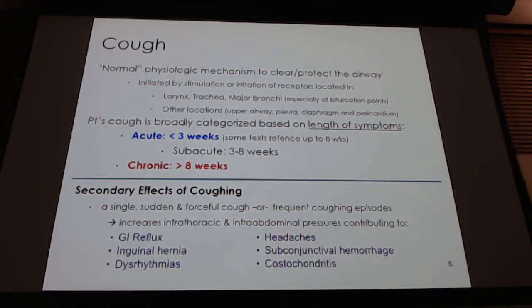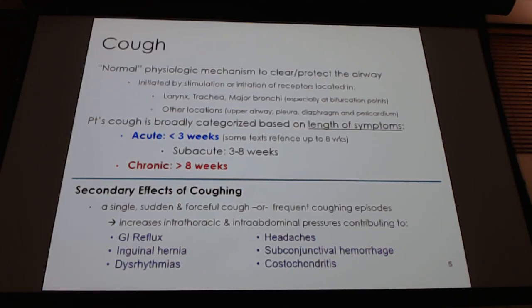You want to expel things out of that airway that's not supposed to be there. So we've got these broad categories, and when we describe it as acute or chronic, when we start that assessment, when we do our OPQRST or our OLD CARTS or whatever, duration is important because it starts us down a different road in terms of what is in my differential.